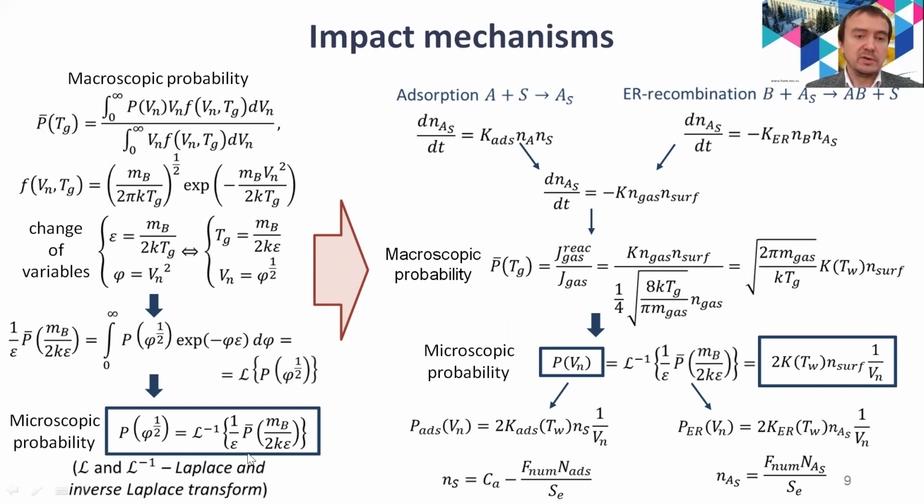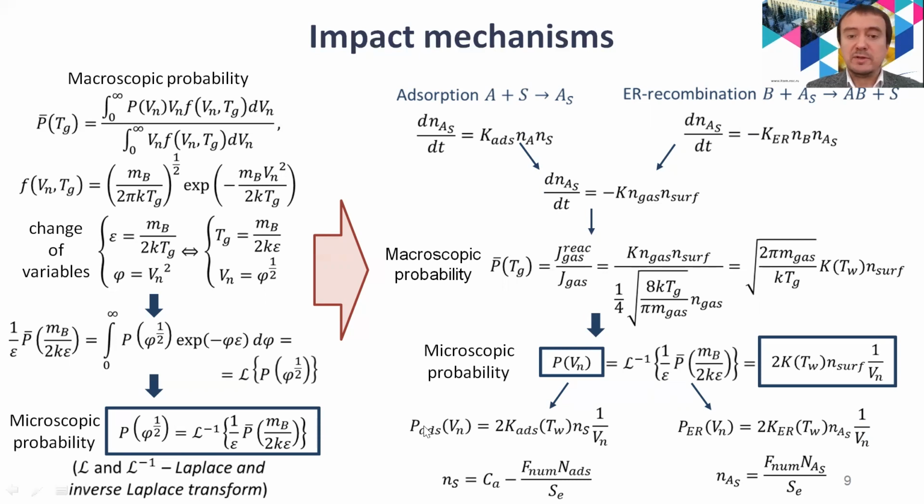So we use here the inverse Laplace transform and obtain these probabilities for adsorption, written like this, and for Eley-Rideal recombination, which is written like this. And this approach can be considered as some generalization of the total collision energy model, which we use for the gas phase reactions.